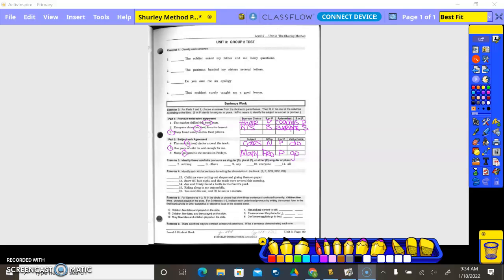All right. So identify these indefinite pronouns as singular, plural, or either. Singular or plural. Nothing. Singular, right? Others. Plural. Any. It could actually be either, right?